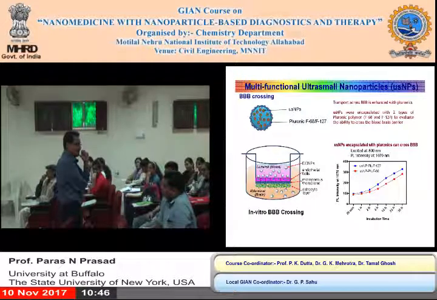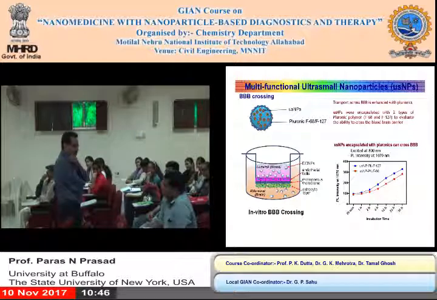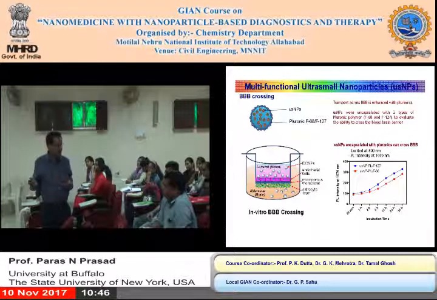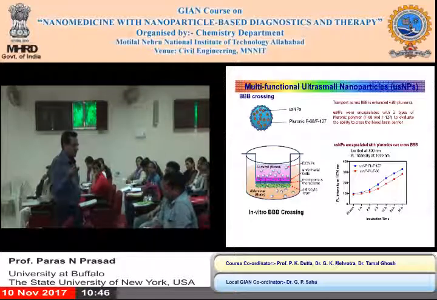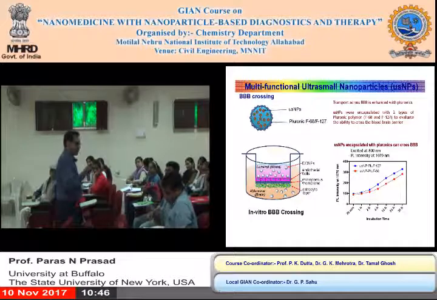So you manipulate these things, and once you follow these simple guidelines, you experiment in an in vitro model to see whether it crosses, okay? And then if you want to do in vivo, the real proof is in vivo. You actually inject, and through imaging or through dissection later on, you look at the brain and see whether nanoparticles light up. If they have optical properties, you can see whether it has crossed.